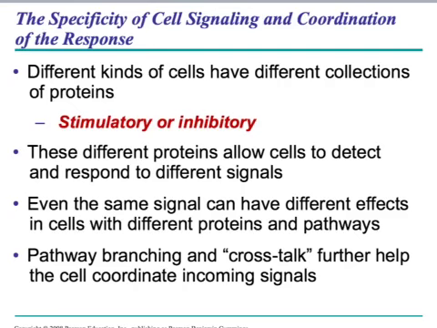Even when you send the same signal, it can have different effects on the same cell depending on which protein gets activated and which pathway is utilized. Proteins and cells have this thing called pathway branching, or what we call cross-talking, which helps the cells to coordinate the incoming signals. And I'll show you what that means in just a second.